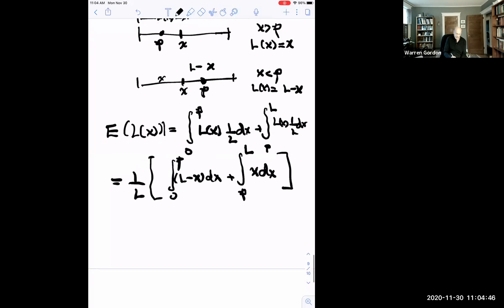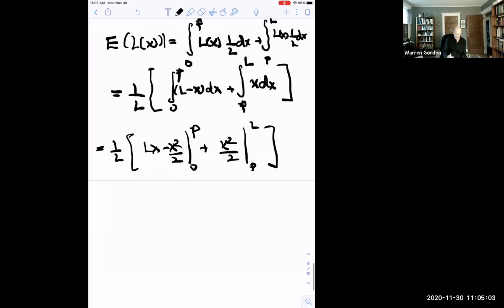The integration is pretty straightforward. Lx minus x squared over 2, remember L is a constant, from 0 to P, plus x squared over 2 from P to L. This gives me 1 over L times LP minus P squared over 2, plus L squared over 2 minus P squared over 2.